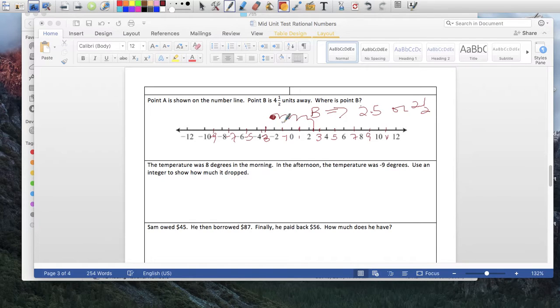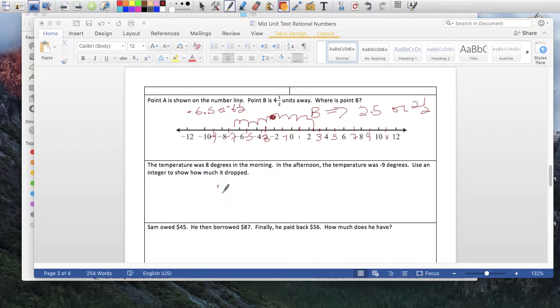If you went the other way, where would you be? At negative 2, you go 1, 2, 3, 4.5 would be 6.5, but negative. Okay, it doesn't matter which way you go.